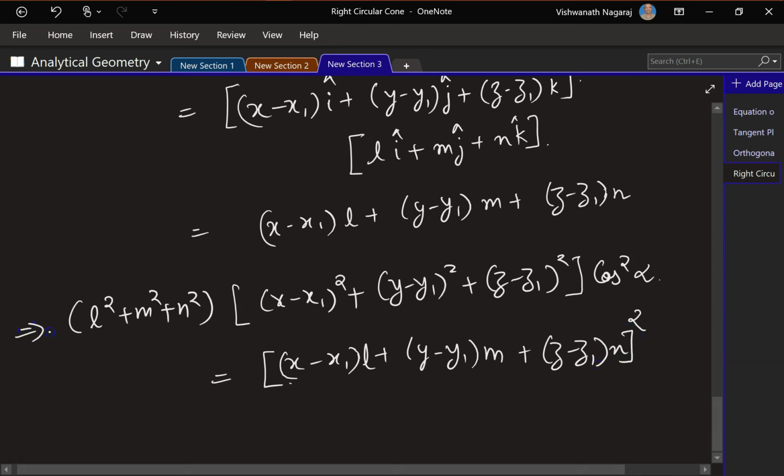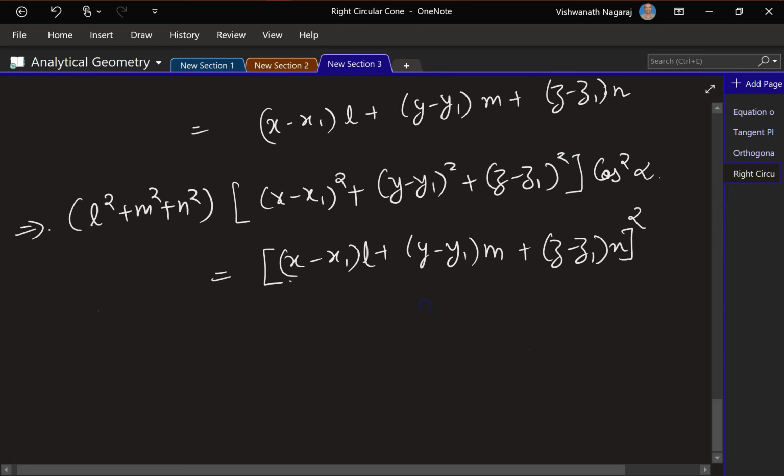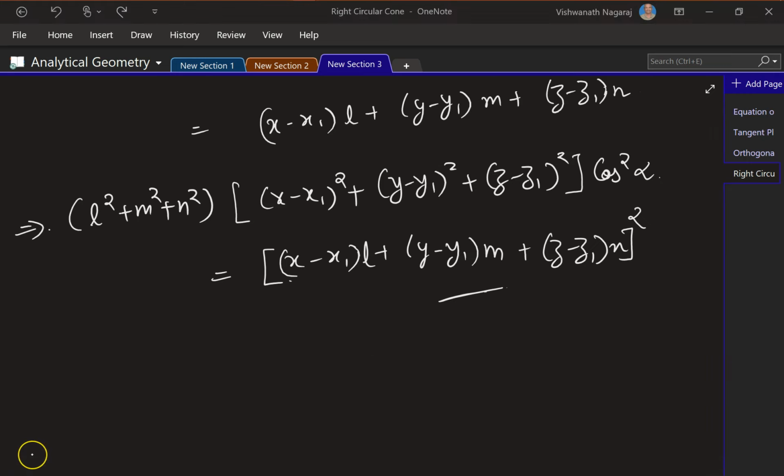Yes. So this is the equation of the cone in Cartesian form.